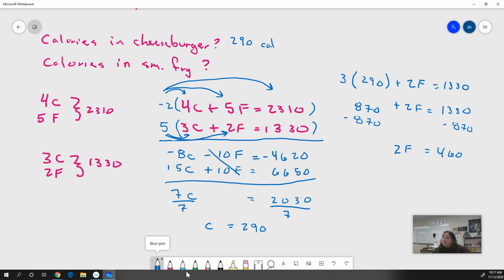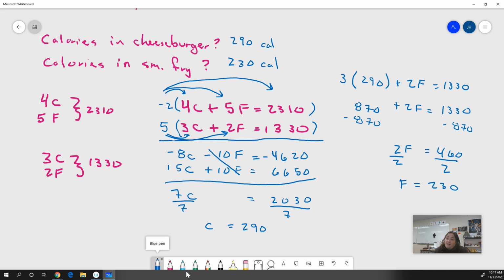But I don't care what 2F is, I care what F is. So I'm going to divide both sides by 2 to find out what one French fry is, and I'm going to be left with F equals 230 calories. So what we learned is that there are 230 calories in a small French fry, and there are 290 calories in a cheeseburger.